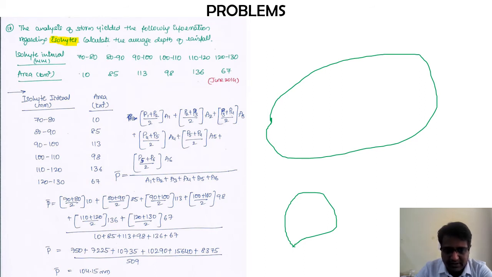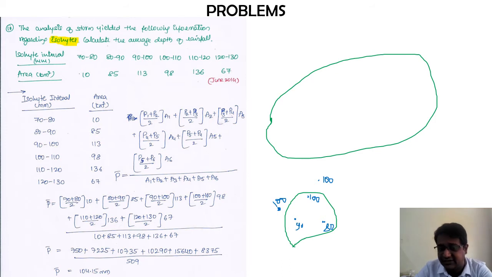Imagine I have some 100 mm of rainfall over here at this point. Similarly, I have some 90 mm of rainfall over here. Here I imagine I have 80 mm of rainfall. Here also I have, let us say, 100 mm of rainfall. Here also I have 100 mm of rainfall at these specific points.